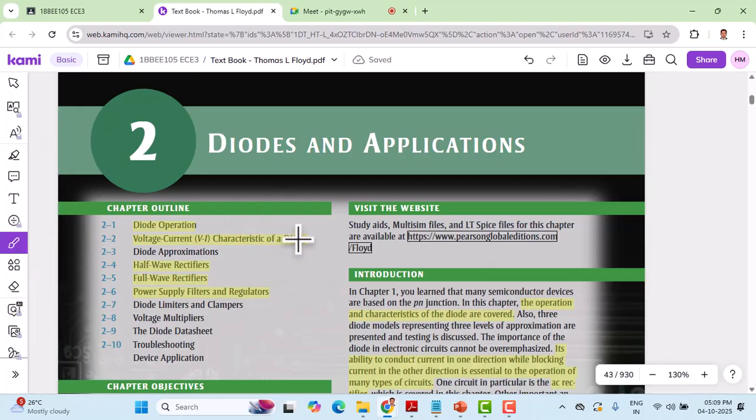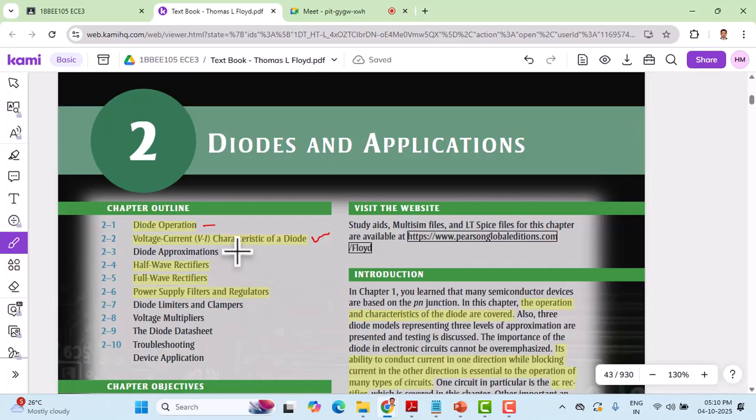Okay, so the first module which we have discussed in the past 2 weeks is diodes and applications. In this module we have a couple of topics that we have discussed, starting from diode operation, and the voltage current characteristics of a PN junction diode.